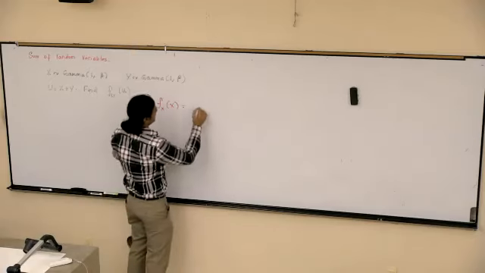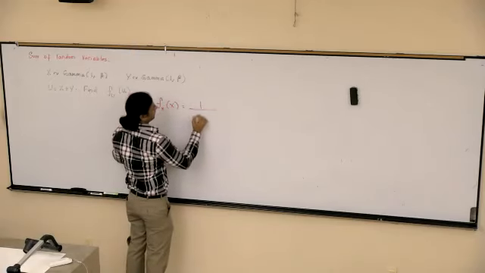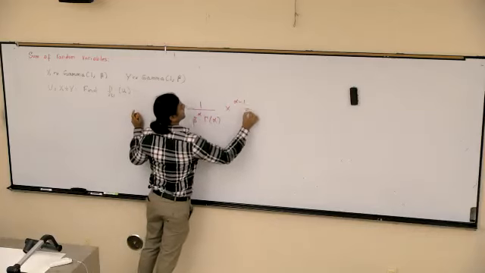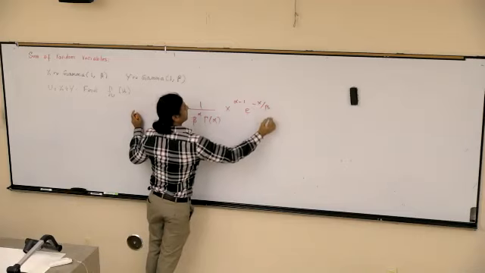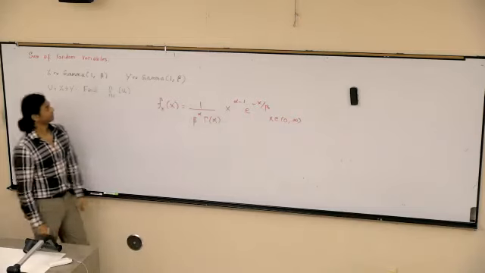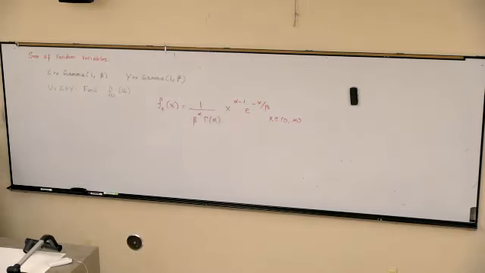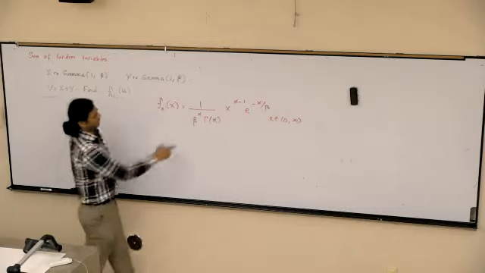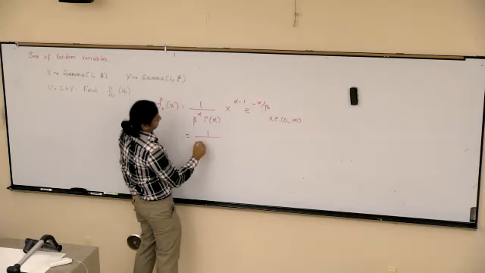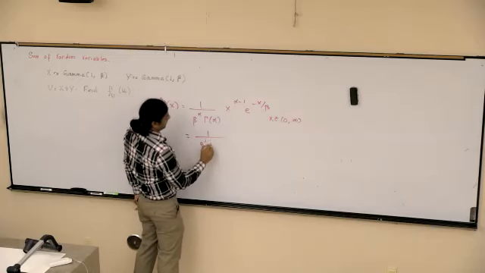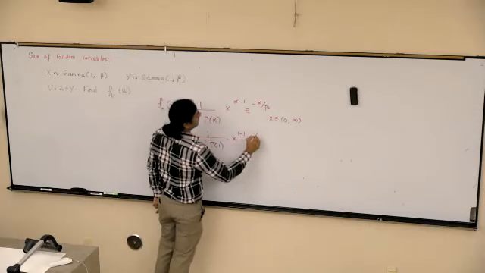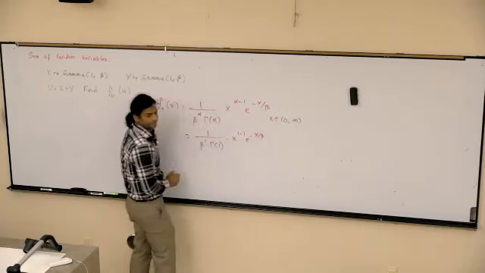We know for a gamma distribution, the density is that. Plug in 1, so 1 over beta raised 1 for alpha, gamma of 1, x raised 1 minus 1, e raised minus x over beta.